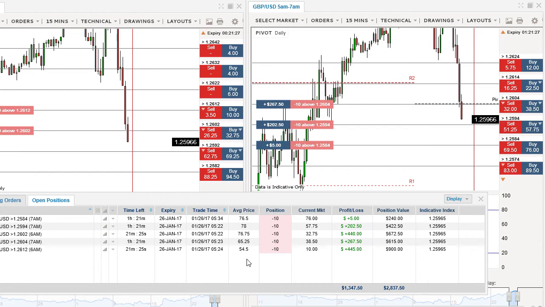Now, on the risk side, you can see that most of my risk is actually pretty low. On the 2612, that had the most risk, and that was about $45. Then I had $35 on one of the 7 a.m.s, about $25 on a 6 a.m., $22 on the 7 a.m., and $25.